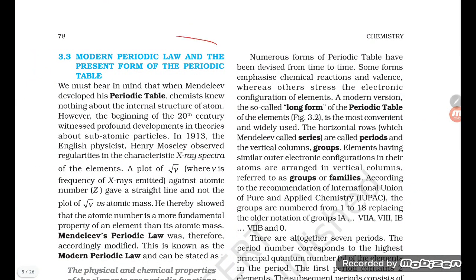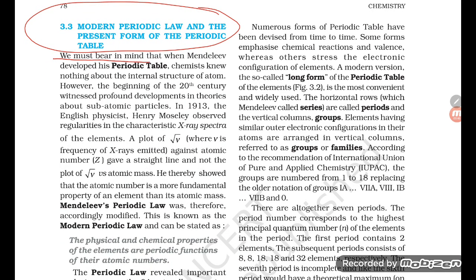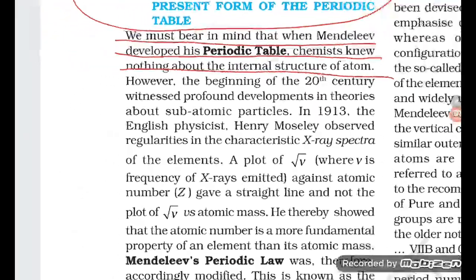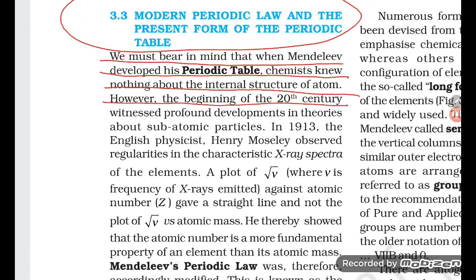Now we will study the modern periodic law and the present form of the periodic table. We must bear in mind that when Mendeleev developed his periodic table, chemists knew nothing about the internal structure of the atom. However, the beginning of the 20th century witnessed developments in the theories about atomic particles.